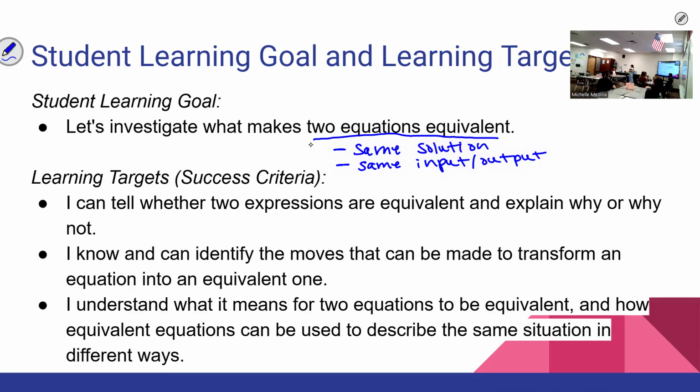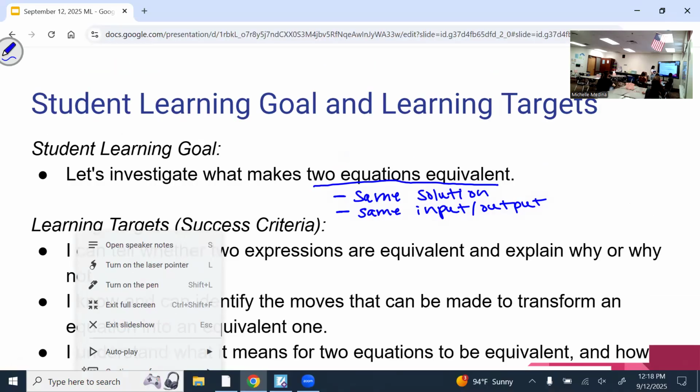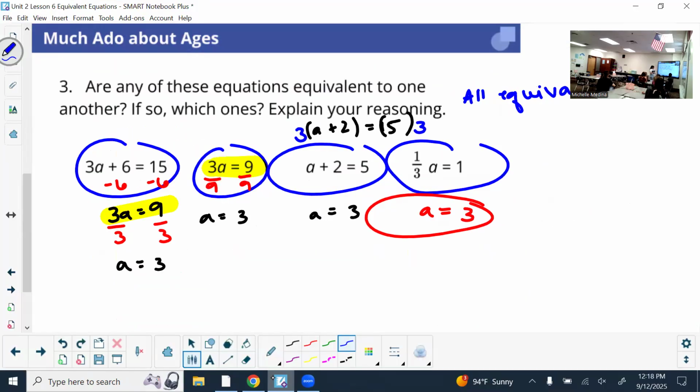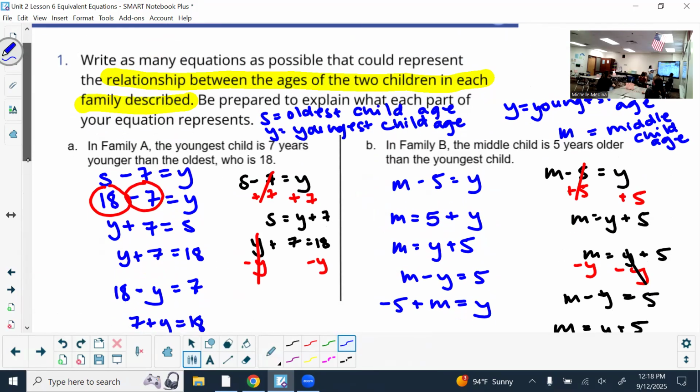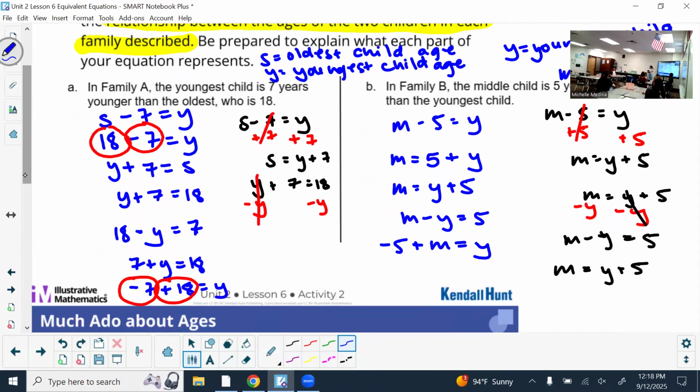The first question. Okay, so for family B, we made a whole bunch of different equations that were all equivalent. And then we kept making more, but we just had such a long list.